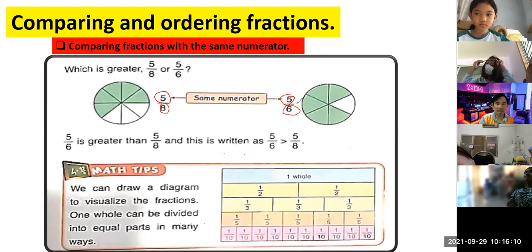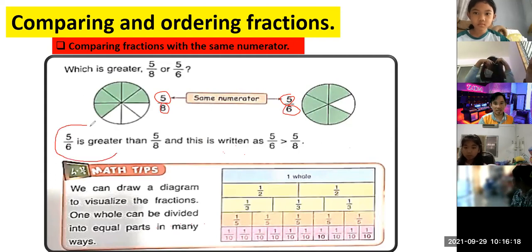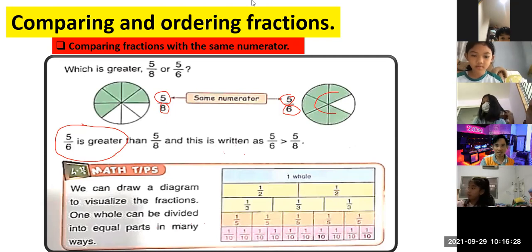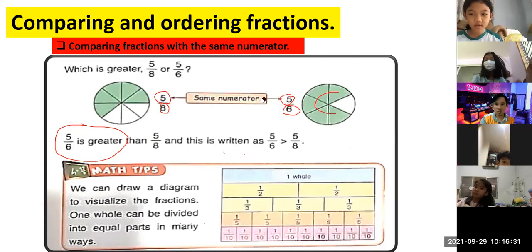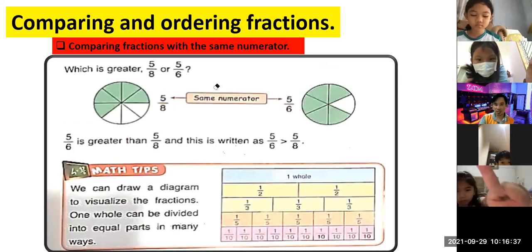So you can say that 5 over 6 is greater than 5 over 8. You will see here, very big parts are shaded, right? Okay. It's very easy. So don't forget to always look at the numerator and denominator when you compare fractions.